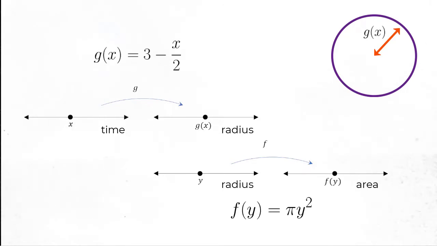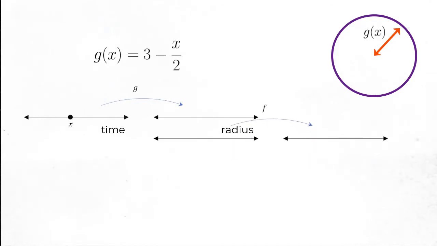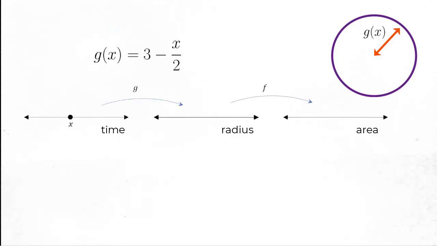So let's put these two functions together to find a function that gives us the area of a circle at any time x. All right, so we'll combine these, and we'll take that time x, and we'll compute the radius corresponding to time x, and that is going to be 3 minus x over 2.